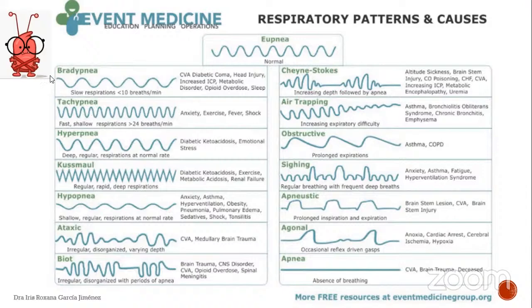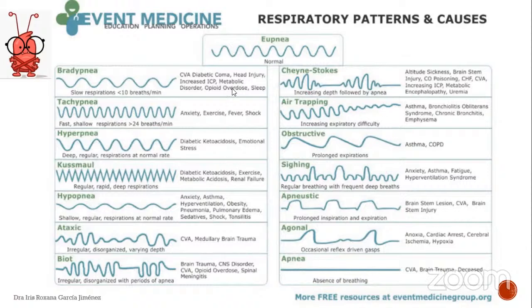We have bradypnea, tachypnea, hyperpnea, Kussmaul, hypopnea, ataxic, Biot, Cheyne-Stokes, air trapping, obstructive, sighing, apneustic, agonal, apnea.